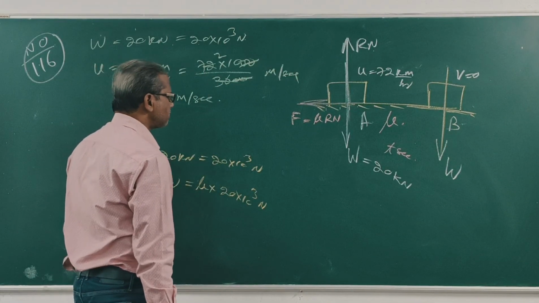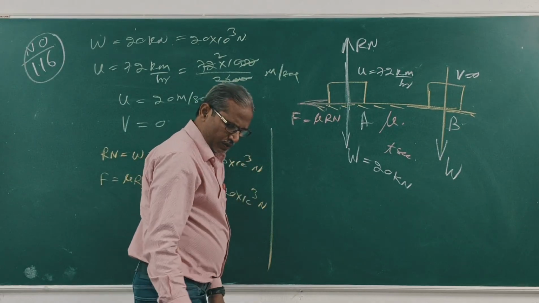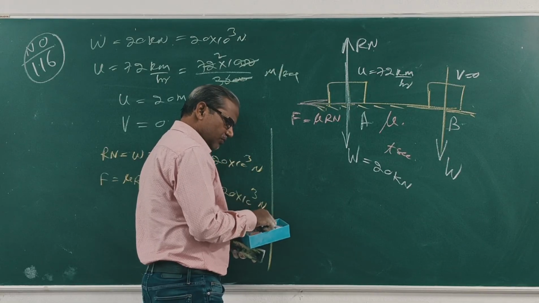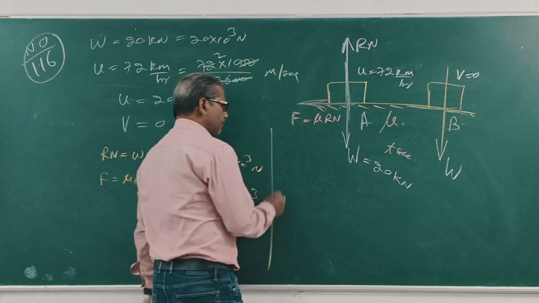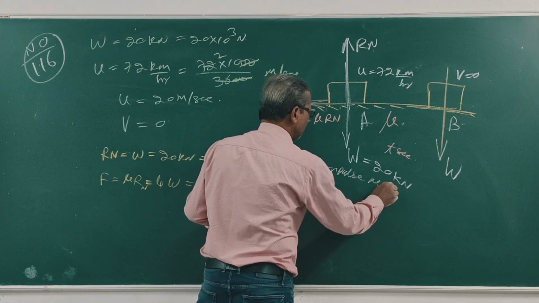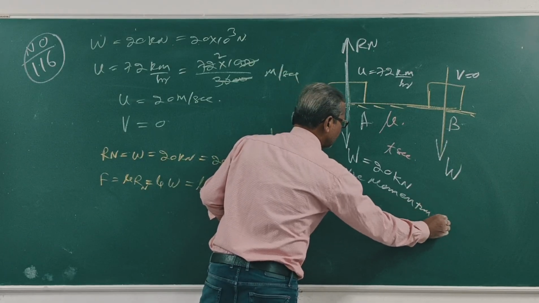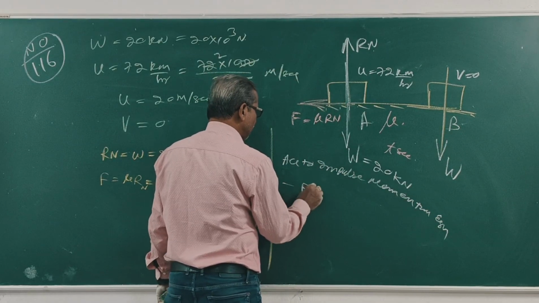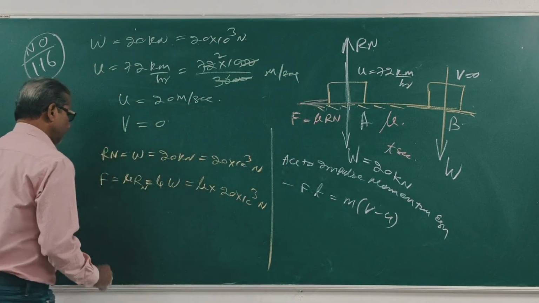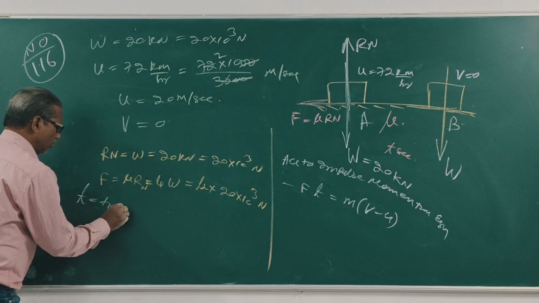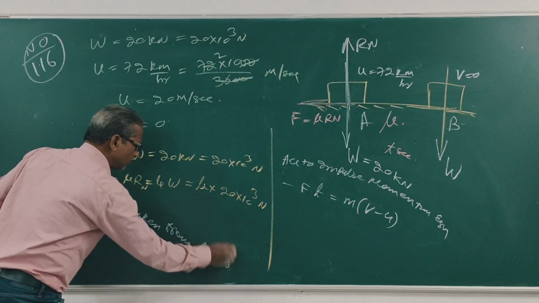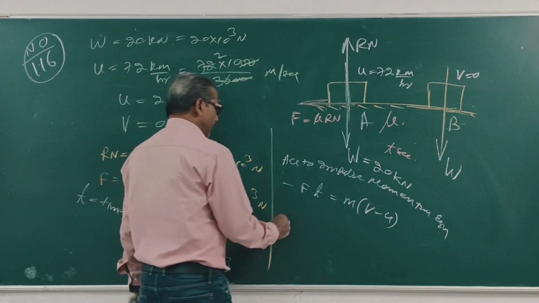Now, according to the impulse momentum equation, minus F into T is equal to M into V minus U. T is the time taken from A to B. Clear? So what is F?